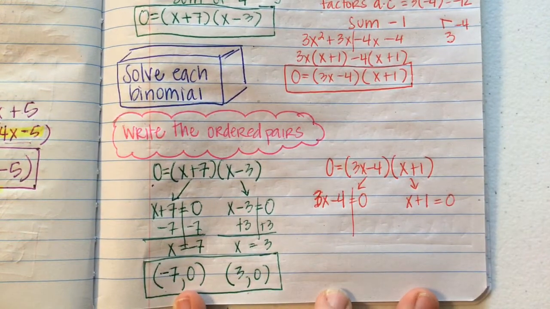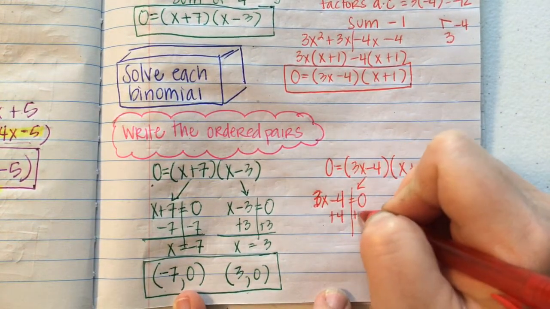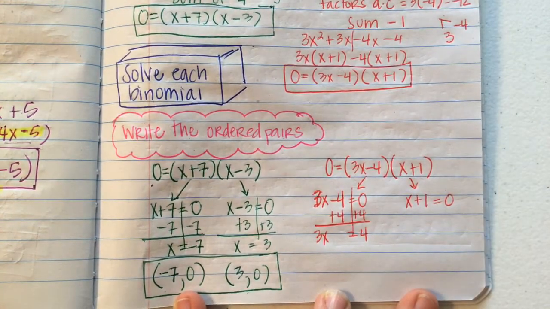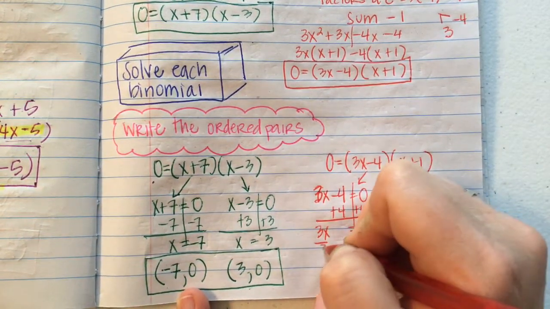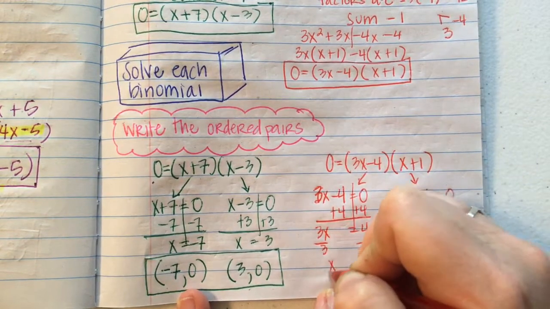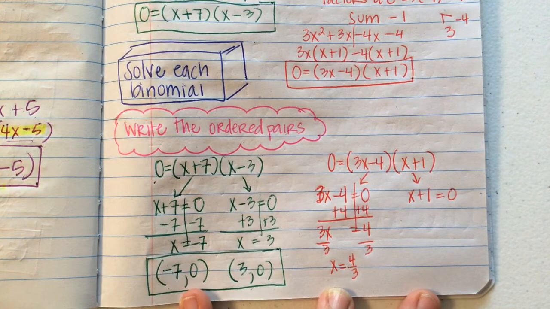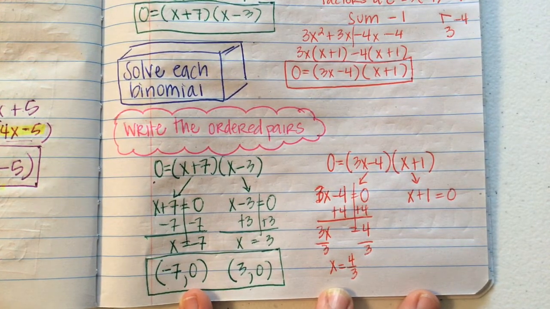Always equals 0. Add 4. So I get 3x equals 4. Divide by 3. x equals, I'm going to leave it 4/3. If you want to write 1.3 repeating, that's fine. If you want to write 1 and 1/3, that's fine.